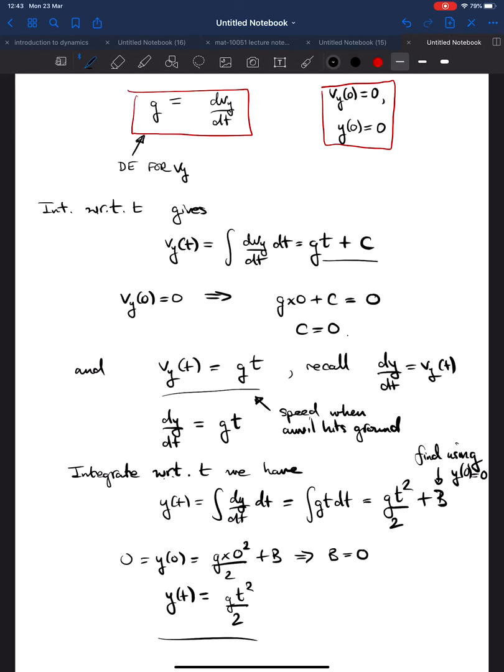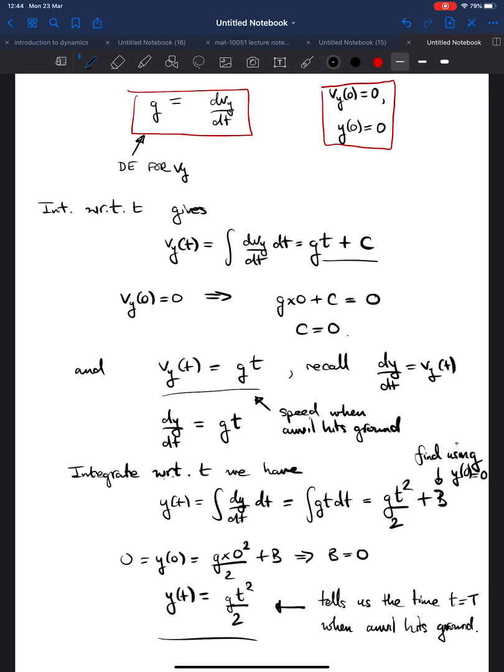And well, to find this, we have to look back to this. So this can tell us the time, capital T, when the anvil hits the ground. Okay, so now, how are we going to represent this condition? Well, remember that the anvil has to fall through 15 meters.